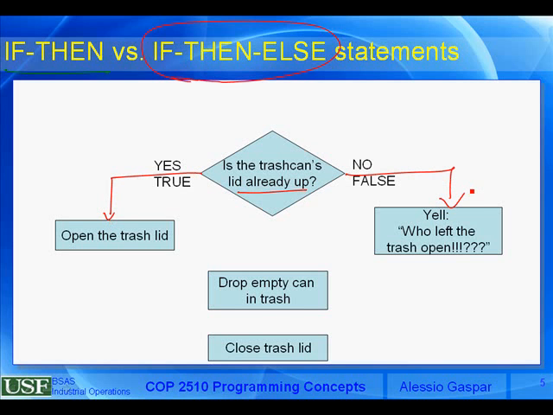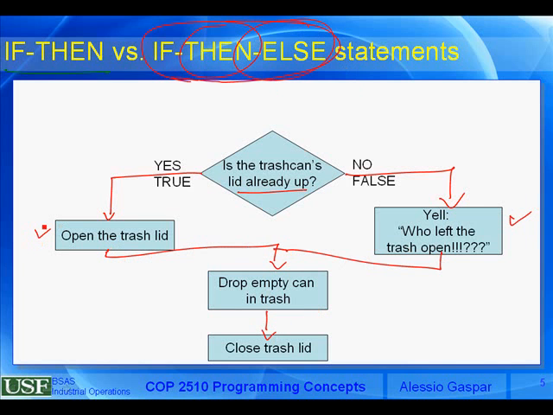Okay? Once I'm done executing what is in the then part, and what is in the else part alternatively, the execution flow will just go to the next step in my program, which is drop the empty can in the trash, and then close the trash can lid.